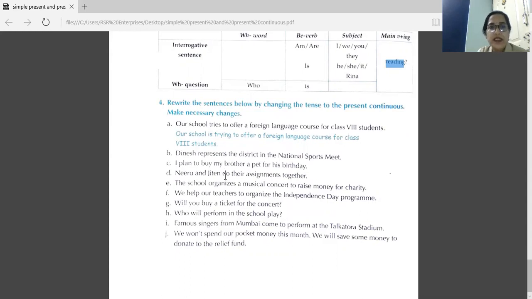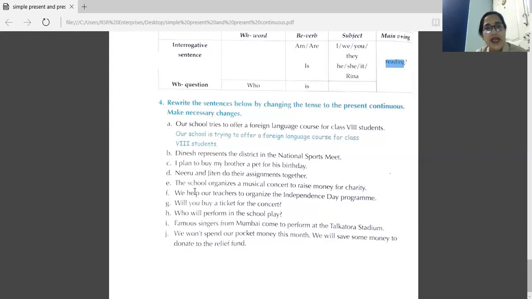Change it to present continuous. I am planning to buy my brother a pet for his birthday. Fourth: Neeru and Jatin do their assignments together. Neeru and Jatin are doing their assignments together. This is present continuous.